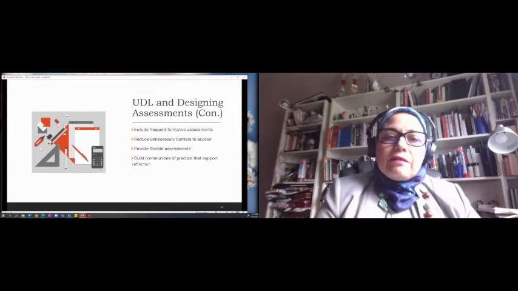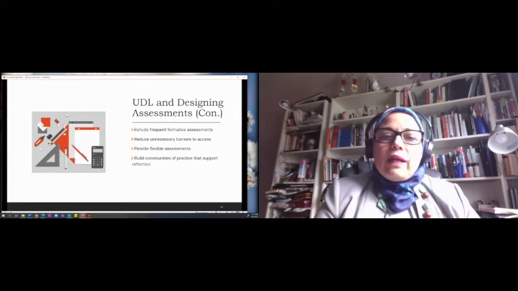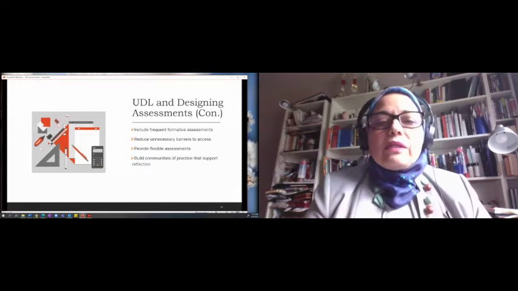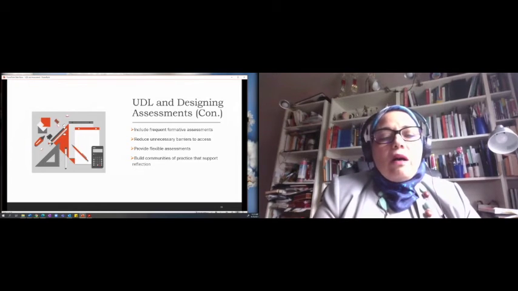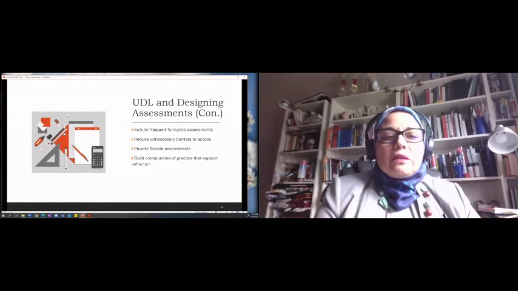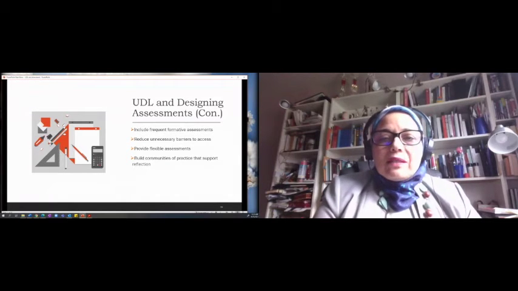Assessments often have additional barriers. We all know that with our assignments. Oftentimes they have barriers or challenges for learners that are not connected with measuring the intended learning goals. Where possible, we try to reduce the barriers that do not tie to the learning goals.